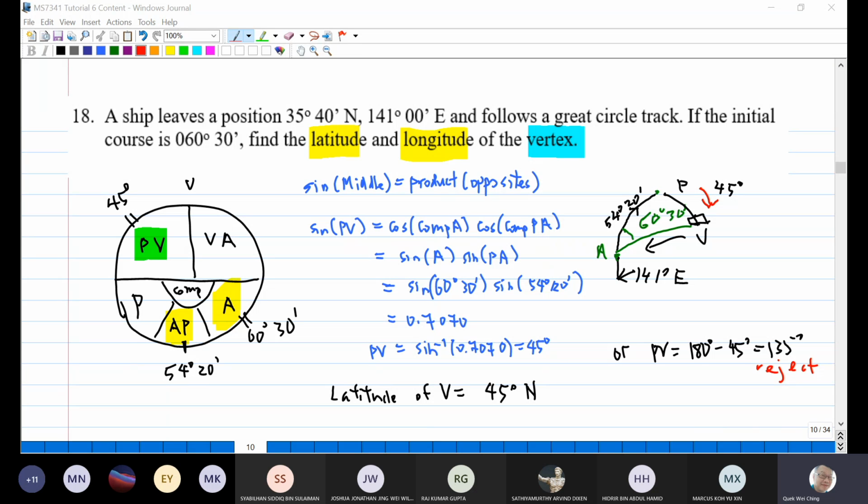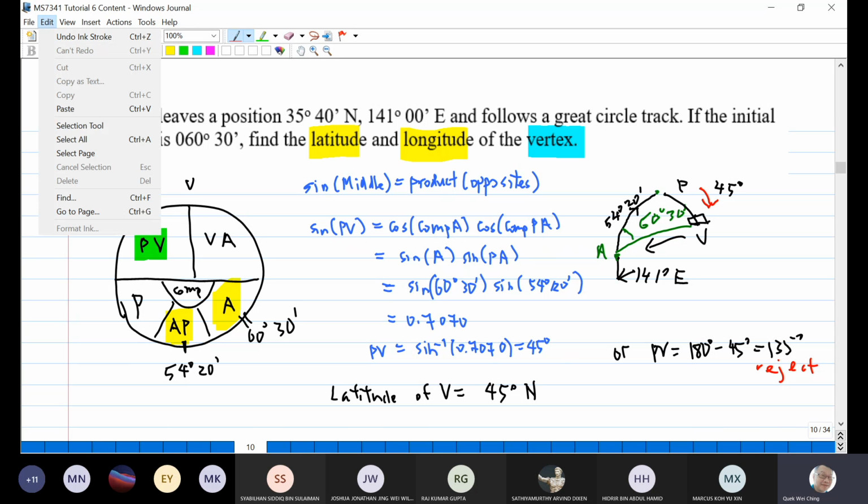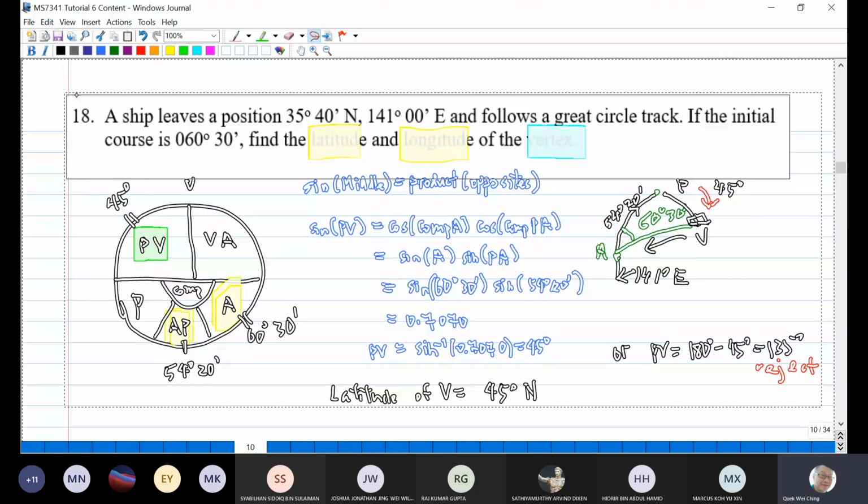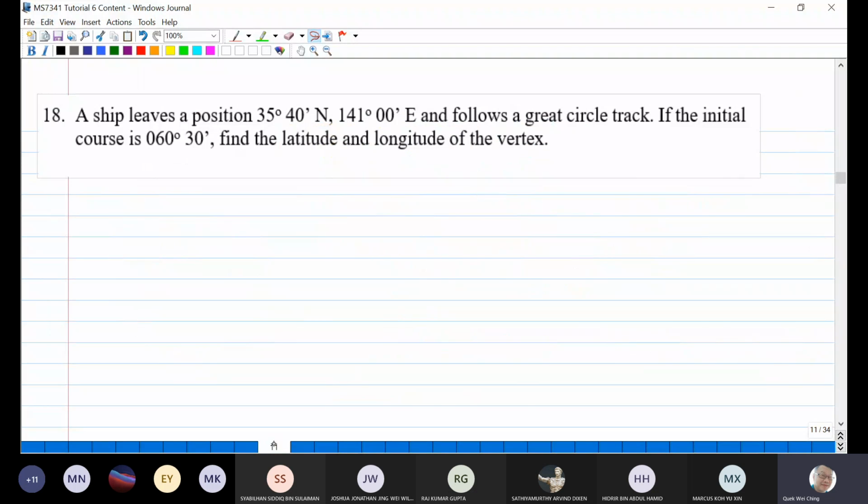All right. So the next page now, I copy this and continue. Edit, copy the page here. Copy page first. Select page. And go to the next one.